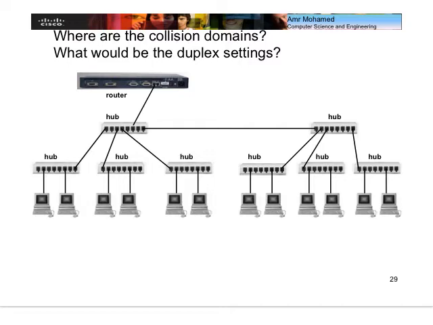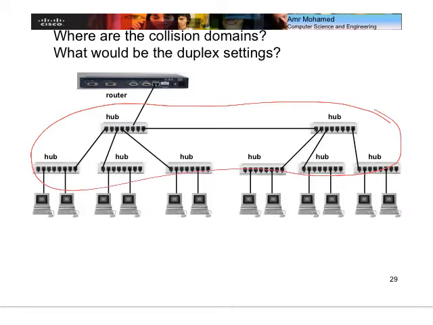First of all, I can ask you, what is the logical topology of this? It's the same like the one hub and the PCs. All these hubs can be theoretically represented using one hub, which means that this is potentially one shared line like this.